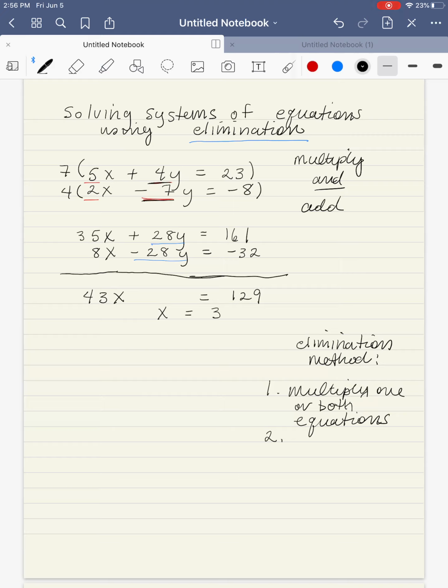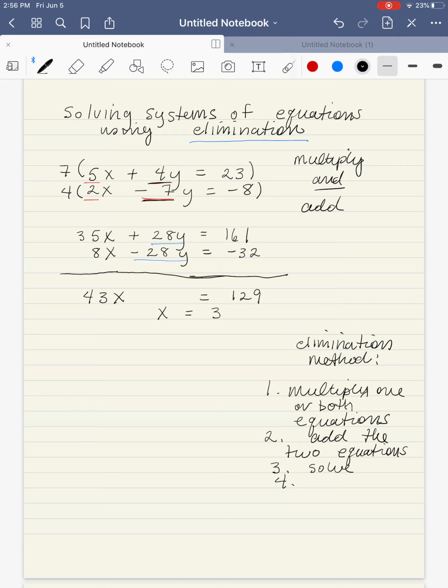Then we are going to add the two equations to eliminate the variable. Then we will solve the resulting equation. And then now we know what x is, we need to know what y is. We do not have to go back and redo the elimination process.